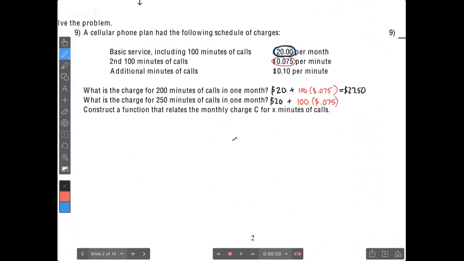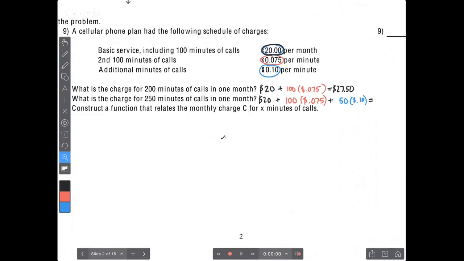Then you're also paying 50 more minutes at a rate of 10 cents per minute. Cool. And that all adds up to $5 more than $27.50, so $32.50. Agreed.